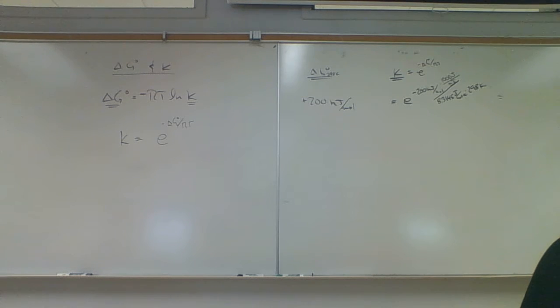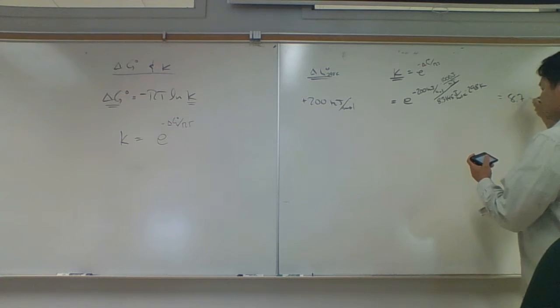So I got 200 times 1,000 divided by 8.3145 divided by 298. That gives us 8.79.